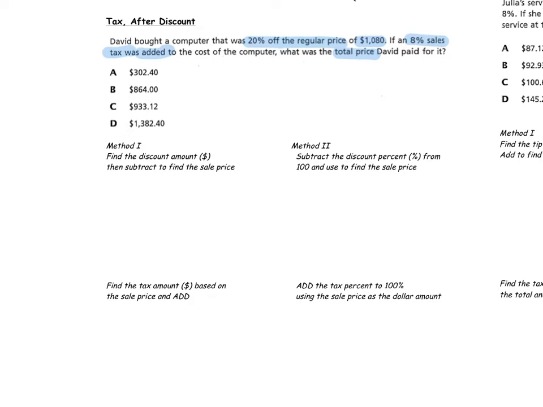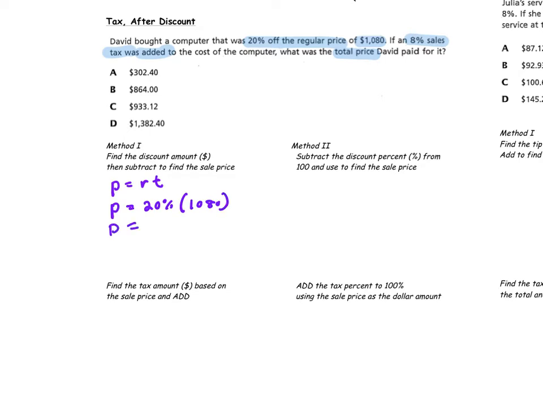And once again, we can use different methods. I'm going to choose to write an equation. I'm going to use the part equals rate times total, but if you're a proportion person, you can write a proportion. So based on the information that's given, I don't know the part. That's the part that is a discount. I do know that the percentage rate they gave us was 20%, and it's 20% of $1,080.